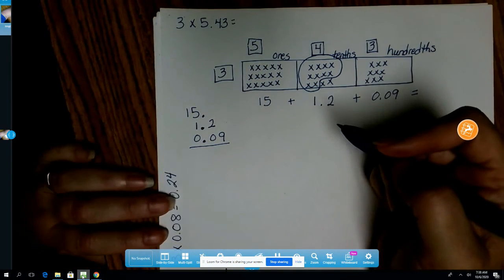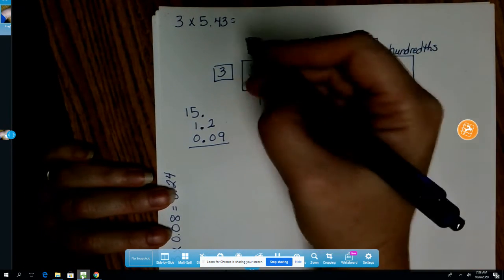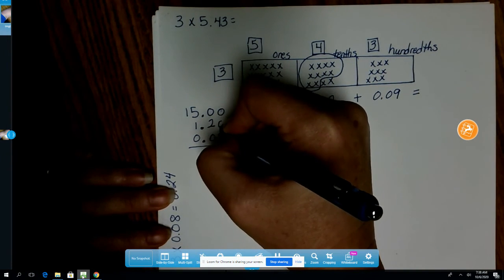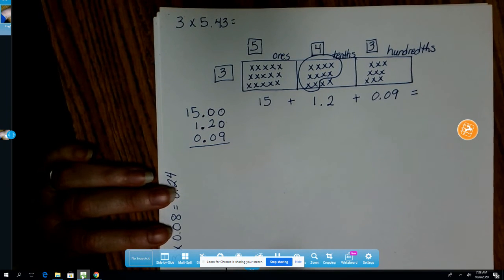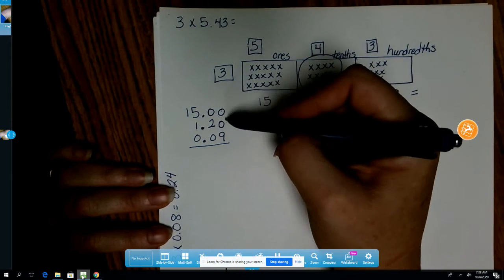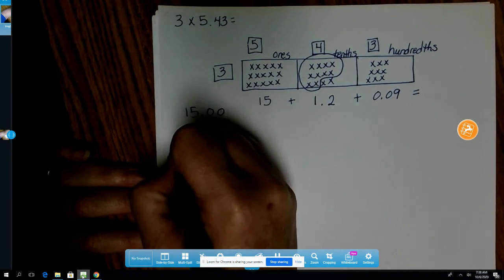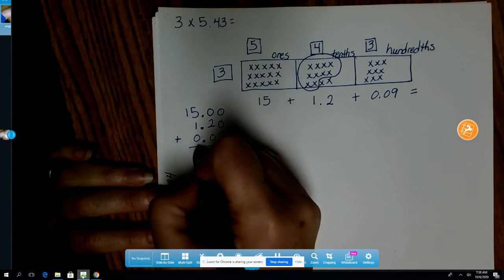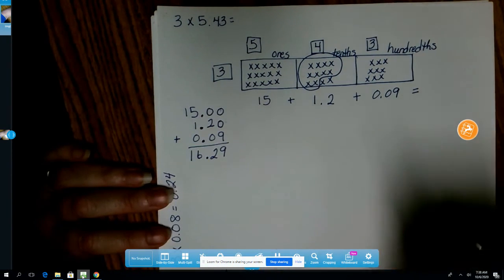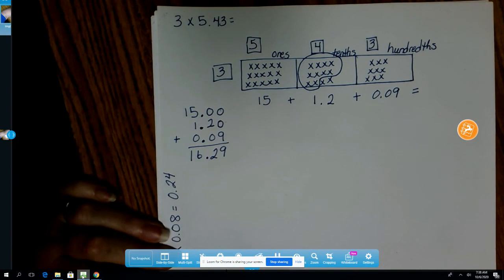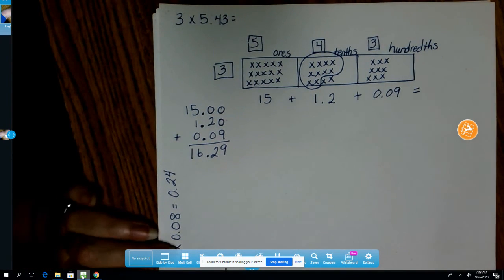And one of the things that makes it easier for me is if I add those invisible zeros. It just helps me keep everything organized in my mind. Okay, so then I'm adding. And so my answer is 16 and 29 hundredths. Hope this helps.